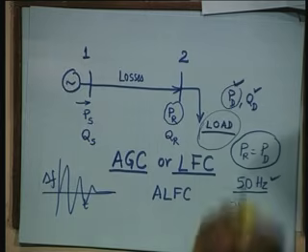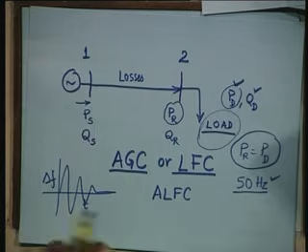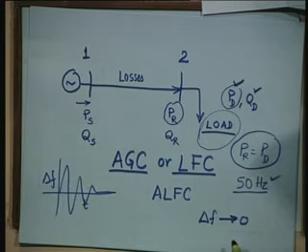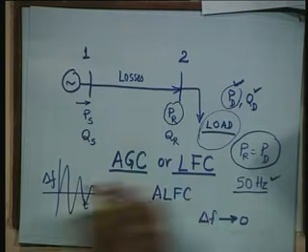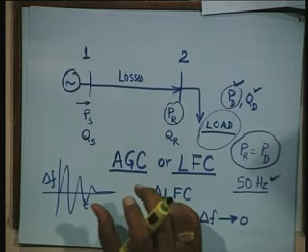There may be a finite error, delta F, still left. But a PI controller will ensure that your delta F with time will tend to 0. The moment it enters that 5% zone, we say it is okay, it is safe.